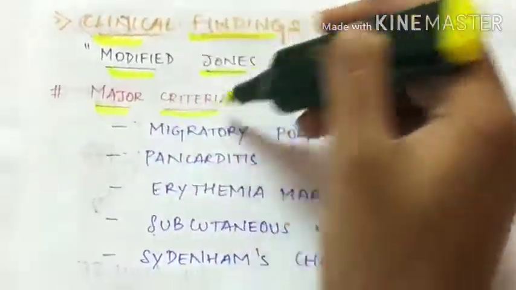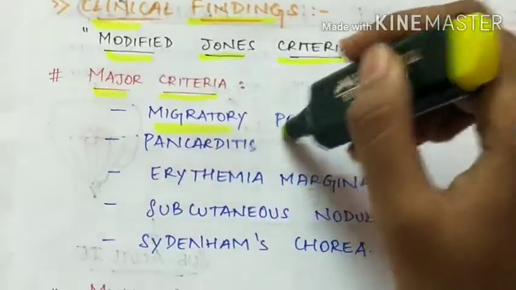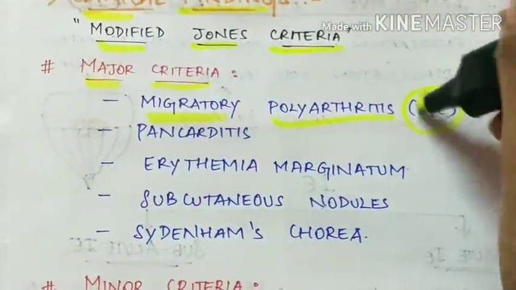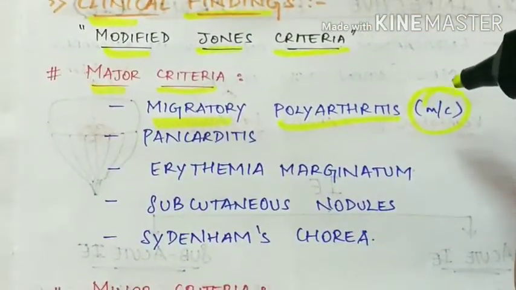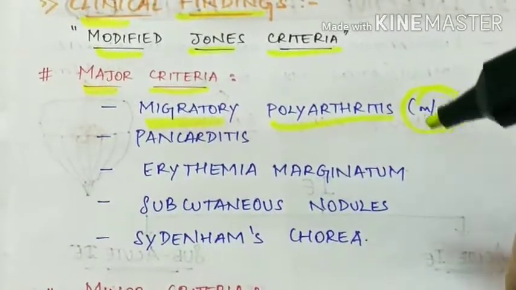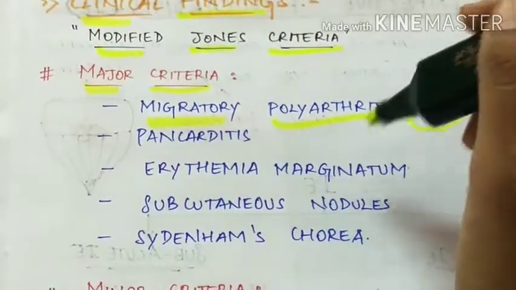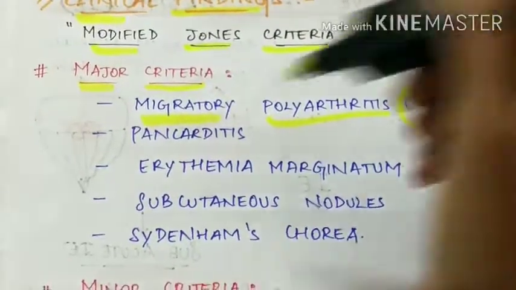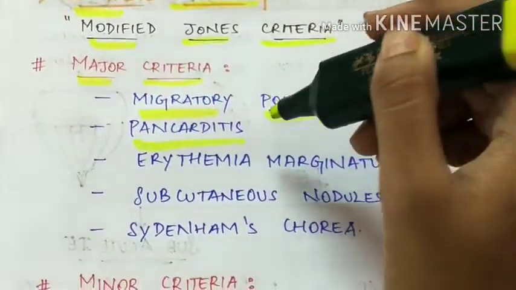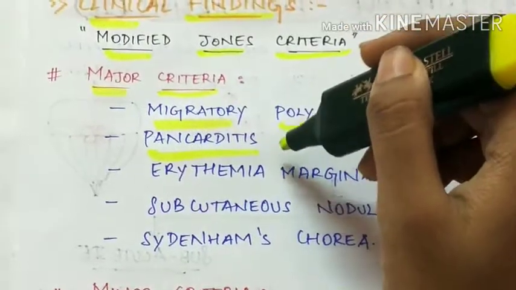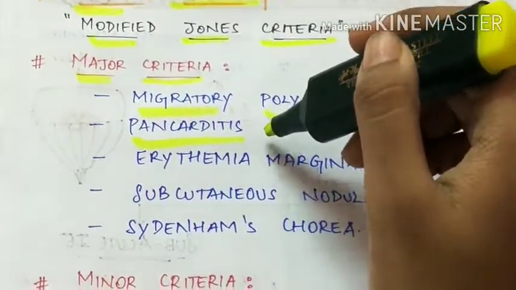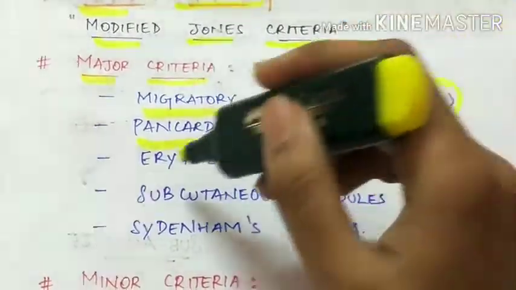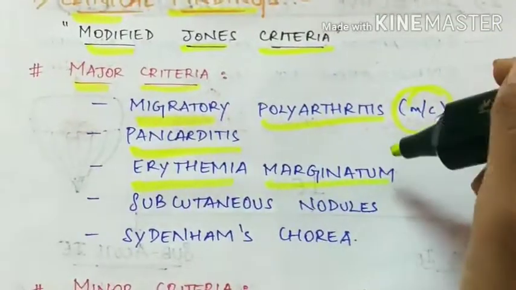The major criteria are migratory polyarthritis. This is the most common seen in RHD. This is non-erosive arthritis which affects large joints. Next is pancarditis, inflammation of all the three layers of the heart: endocardium, myocardium and pericardium. Next is erythema marginatum.